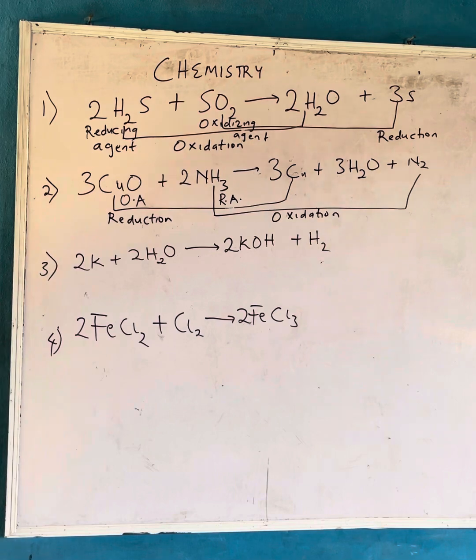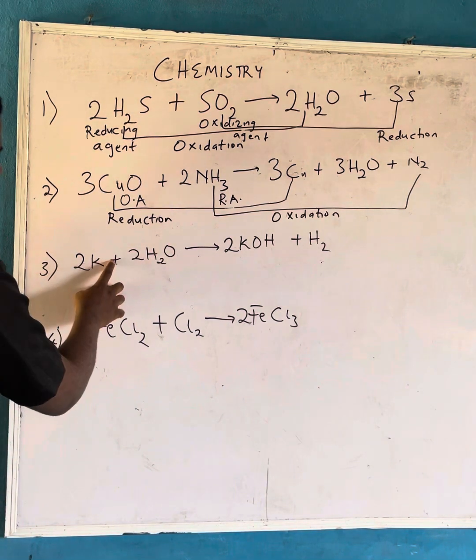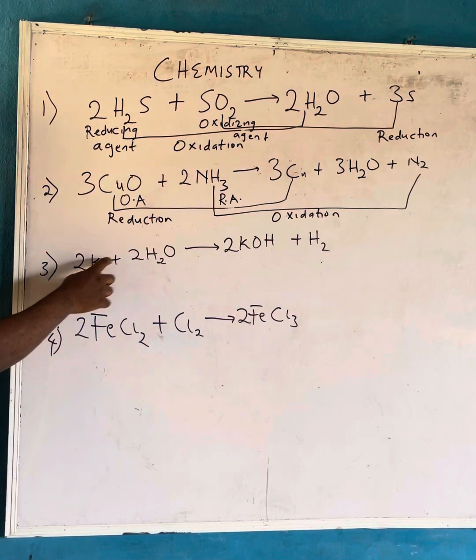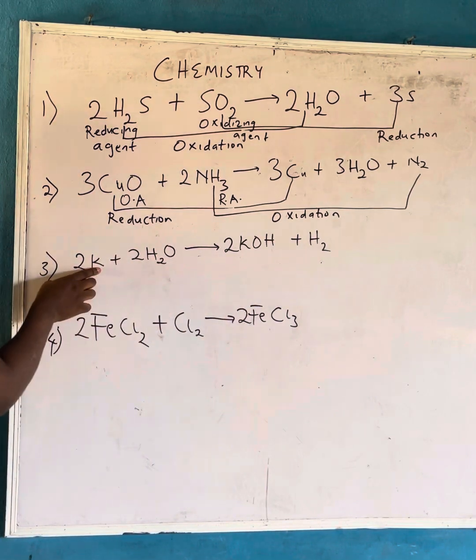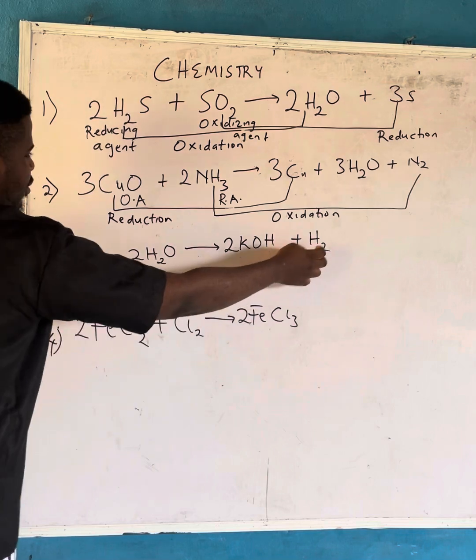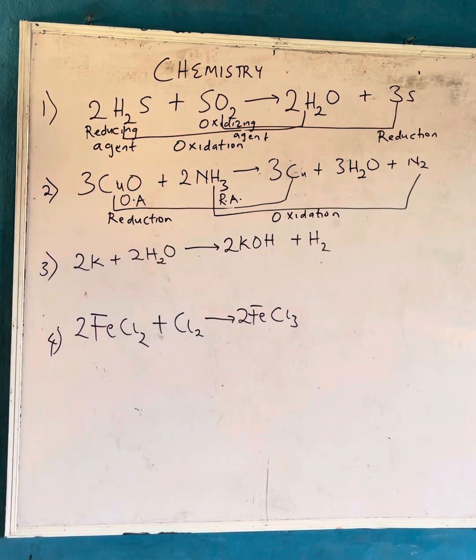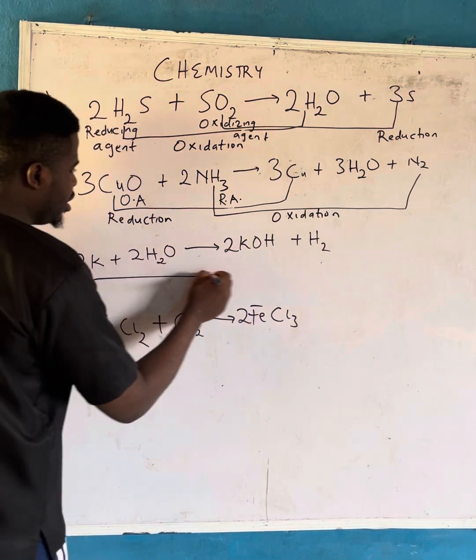Now let us look at the third one. If we notice something here, that oxygen has been added here, and then oxygen has been removed here. So this is where oxidation is occurring.